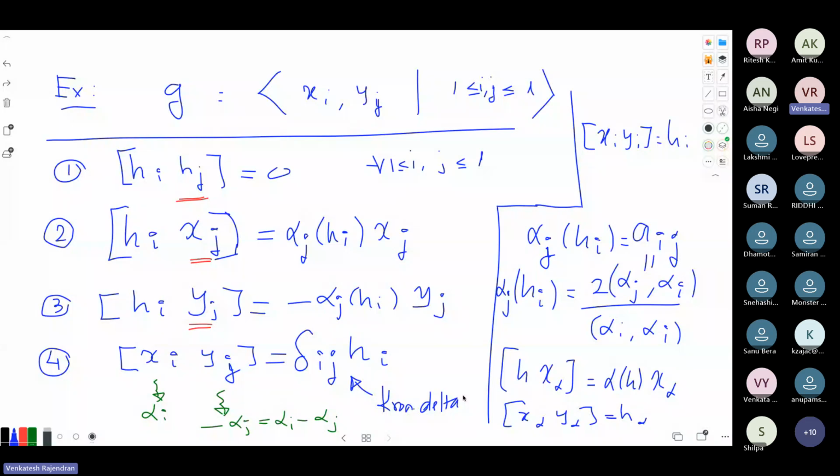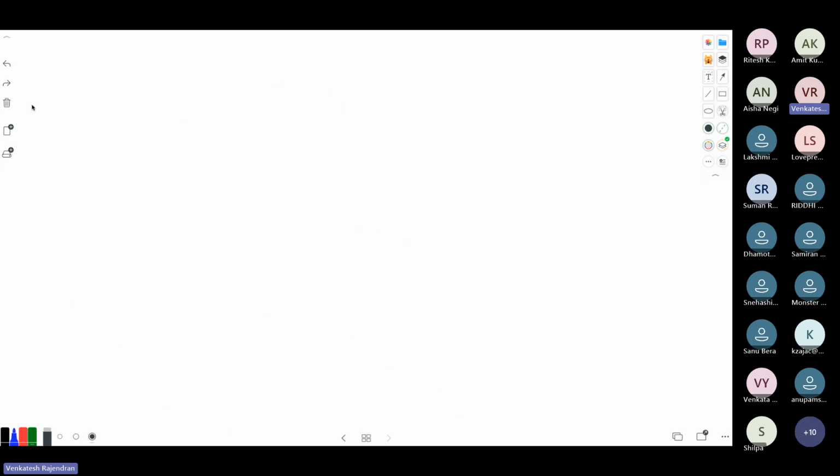This all just comes from the fact that you have root space decomposition. But if you go a little further and use SL2 theory and understand the properties of root strings, then we can write down some relations that happen inside n plus as well as n minus.